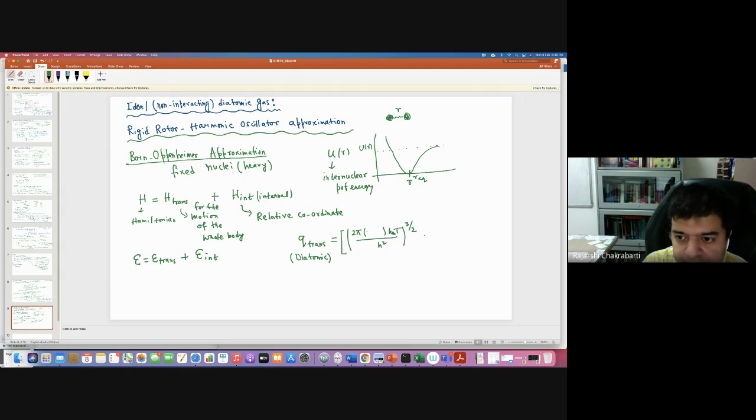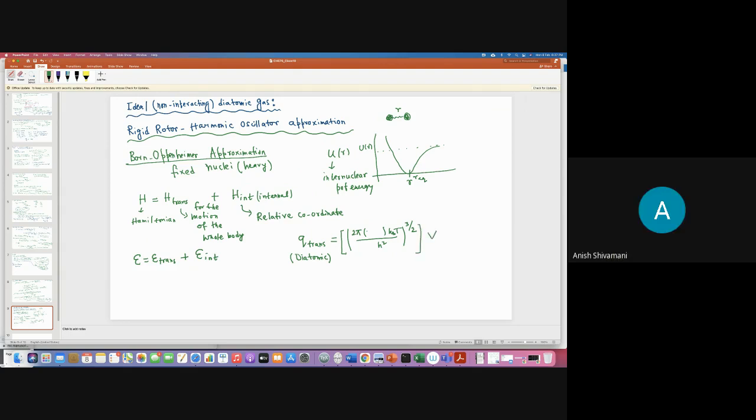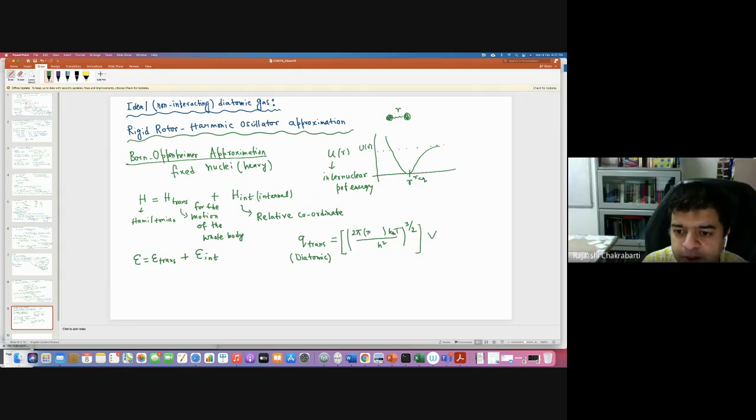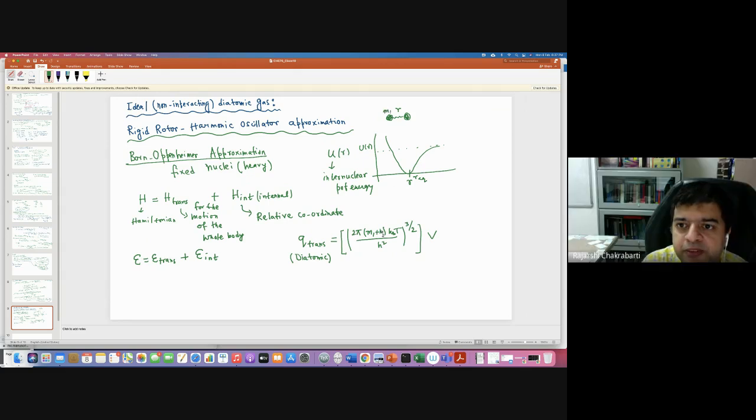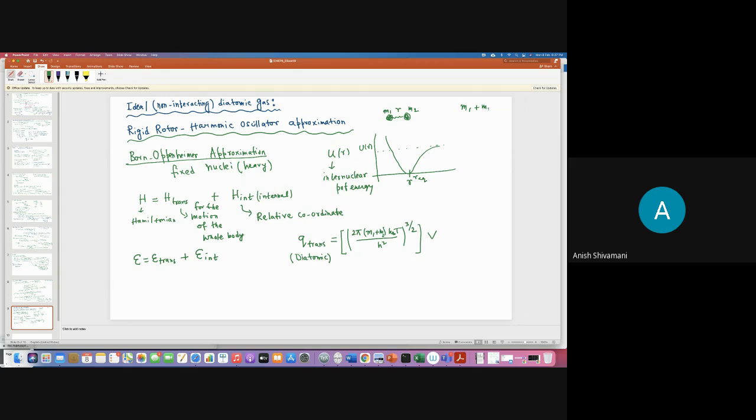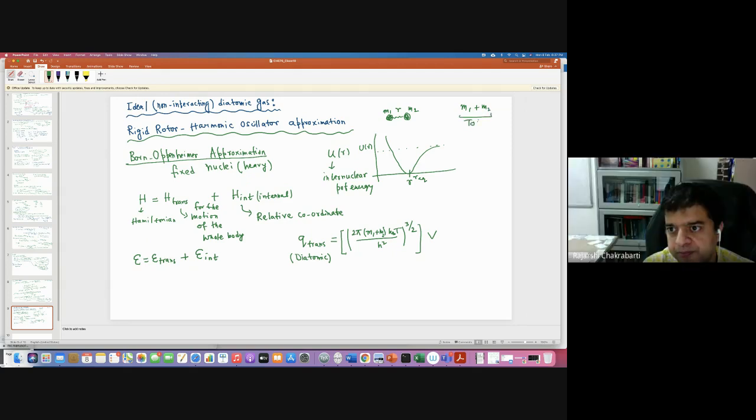Yes, fine. Will it be mu in this case? No, in this case it will be m1 plus m2. This is m1, this is m2, because the translational motion of the whole body is the total mass. So total mass. Okay, this is your total mass.